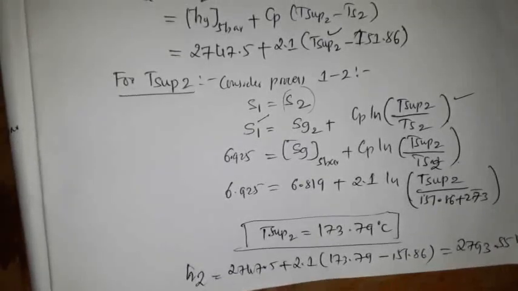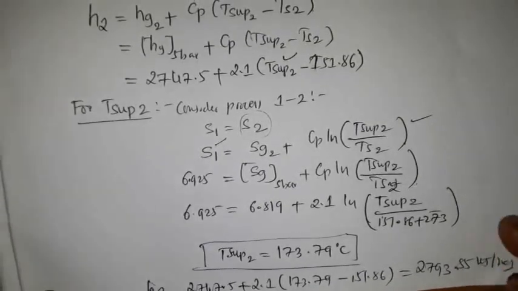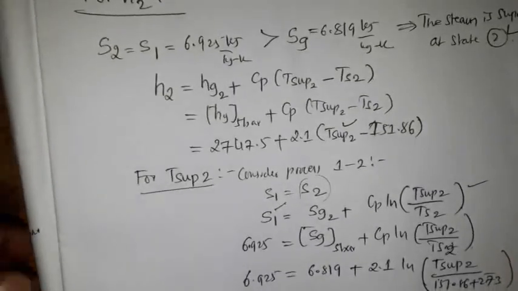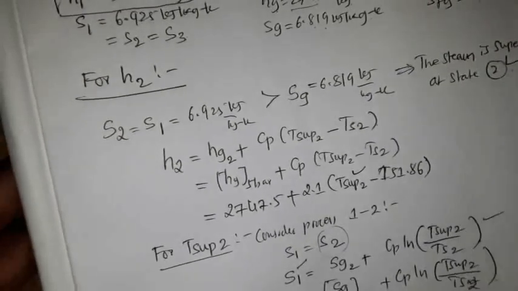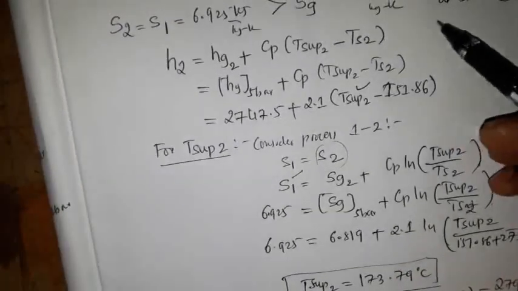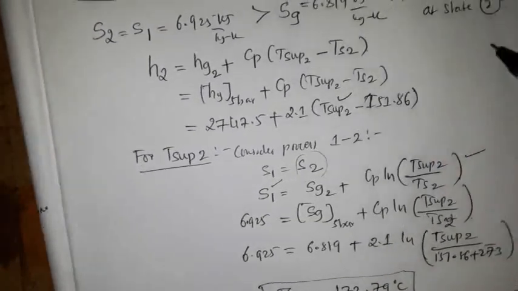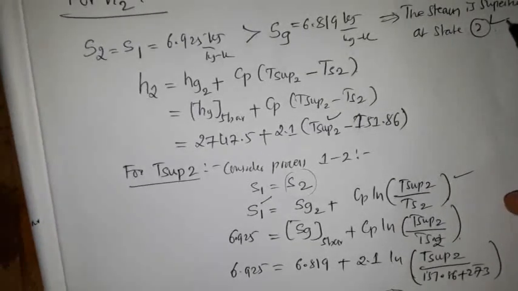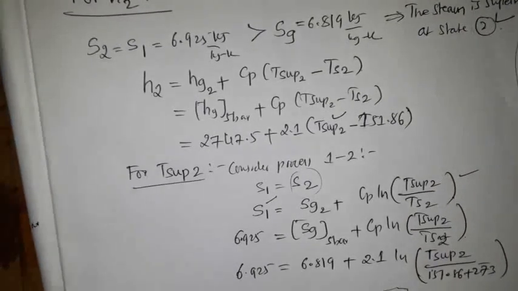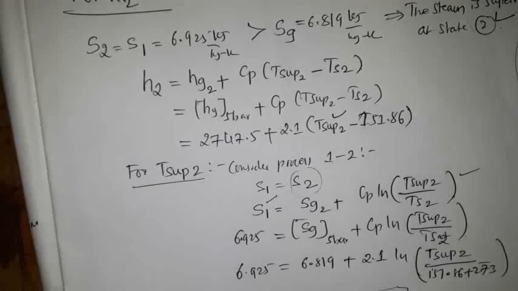So now I got the H2 value. This is a repetitive procedure that we know already from the basic problems on the Rankine cycle.